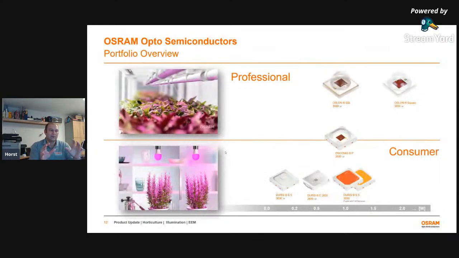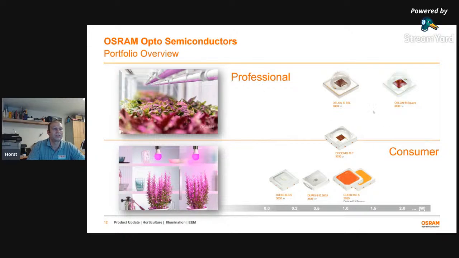You saw the scientific background, you saw the applications, and now how can we address those applications from the OSRAM side? For this we have a professional approach and a consumer approach, and also approaches in between.